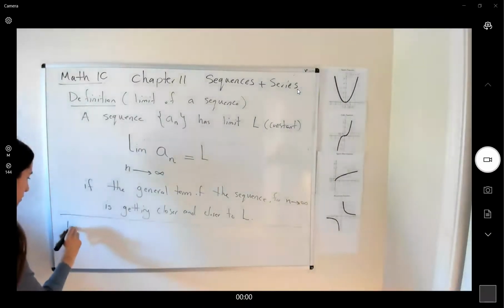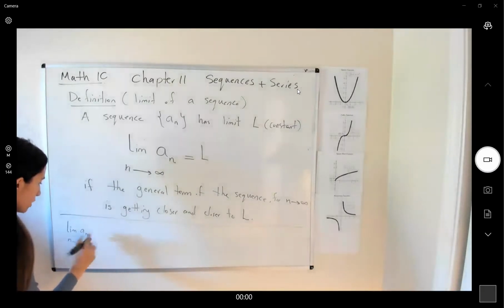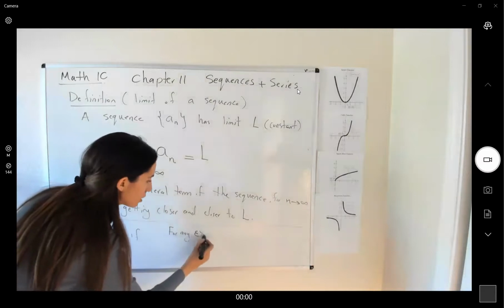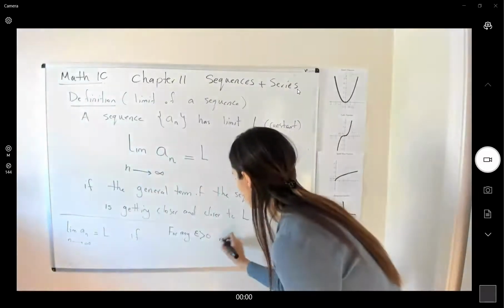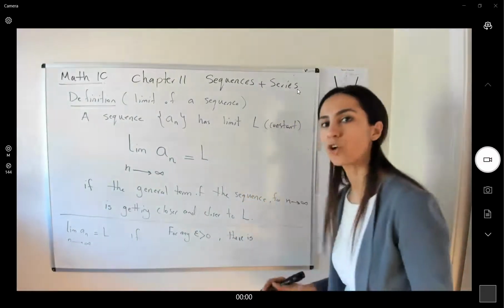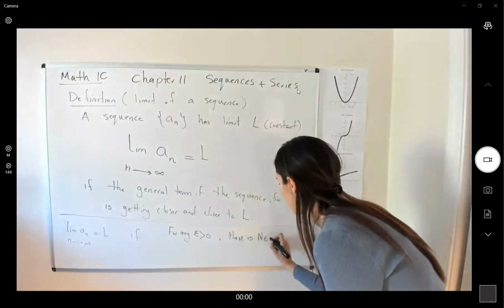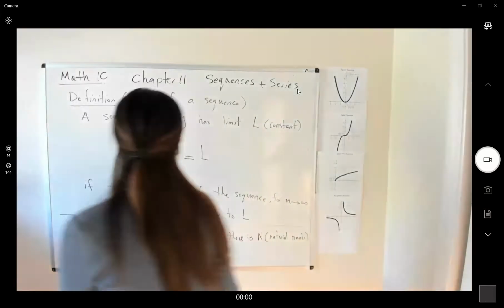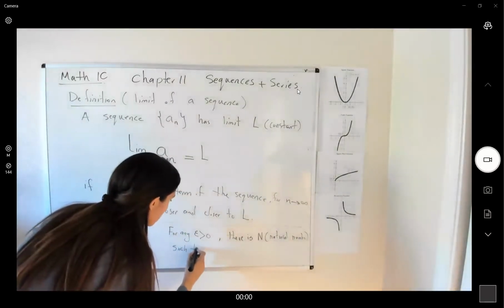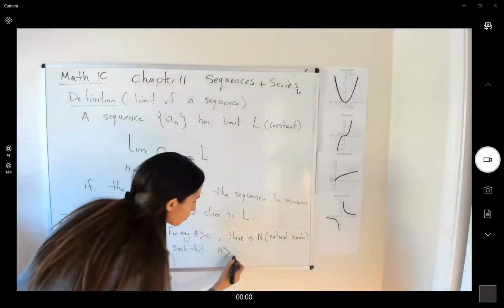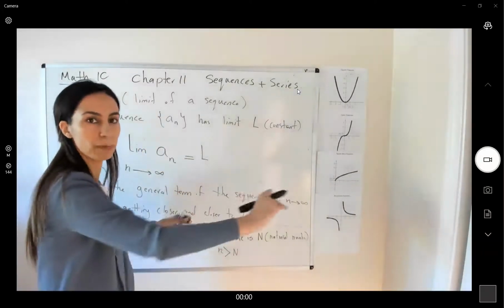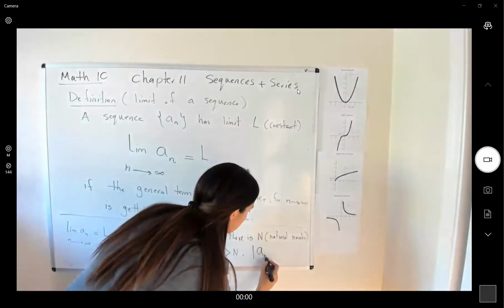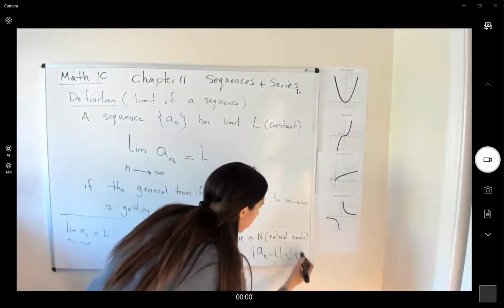You say that the limit of a sub n while n goes to infinity is equal to L if for any positive epsilon there is a natural number like N, such that if n is greater than that natural number on your domain, the absolute value or the distance between a sub n and L is very small.